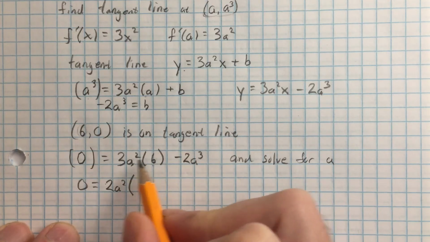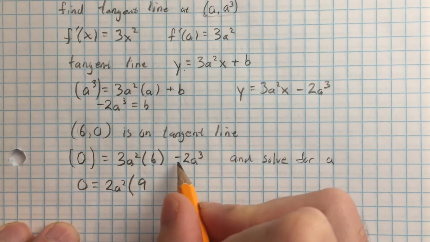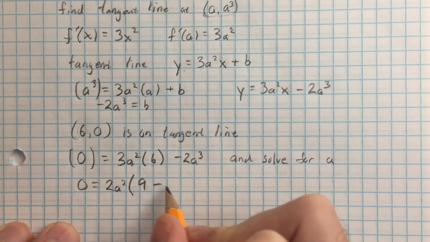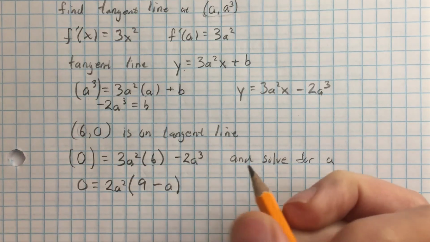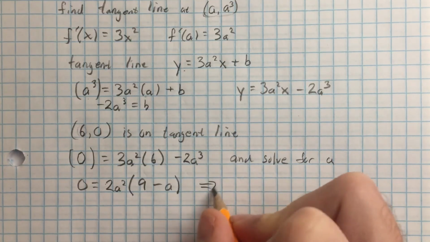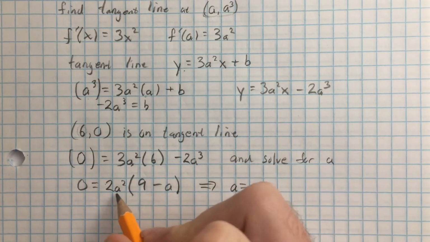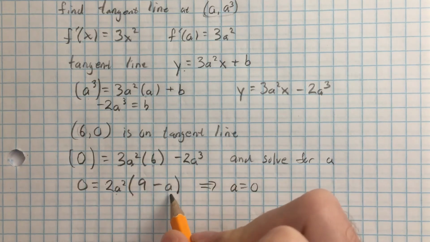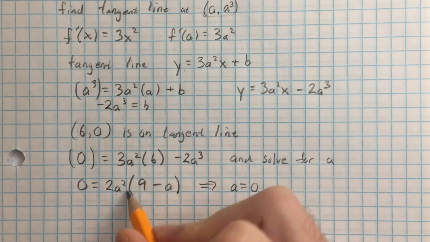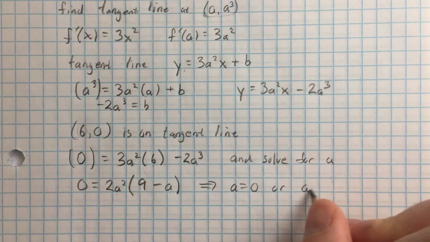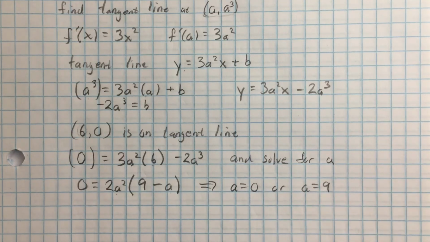I'll be left with a 3 and a 3 here, which is 9, and a negative a here. So solving for a, this would imply that a equals 0 because of the factor a squared out here, and a could also equal 9 because of this factor here. So there's two possibilities. The x-coordinate could be a value of 0 or a value of 9, where the tangent line has an x-intercept of 6.